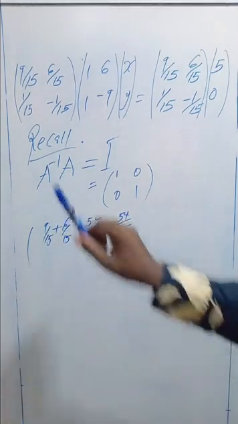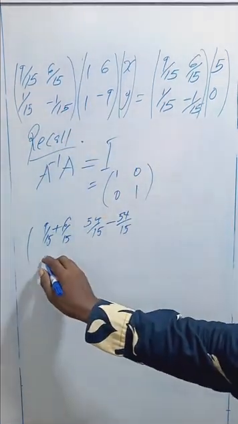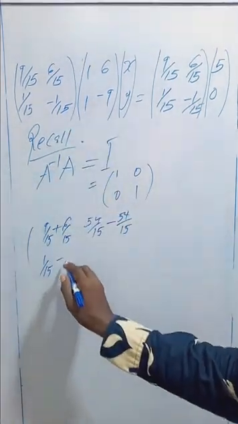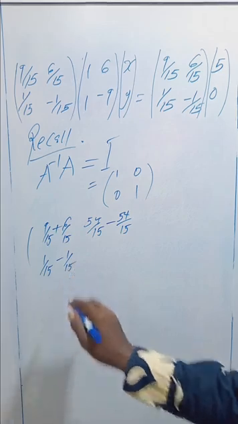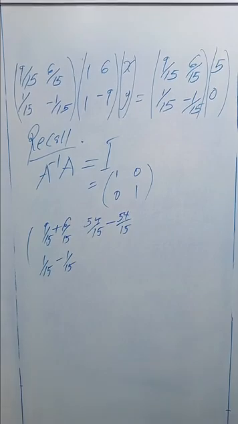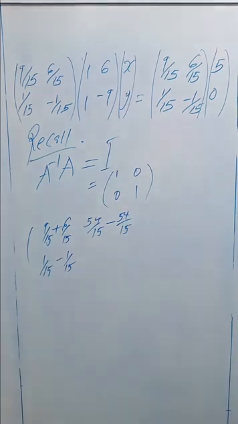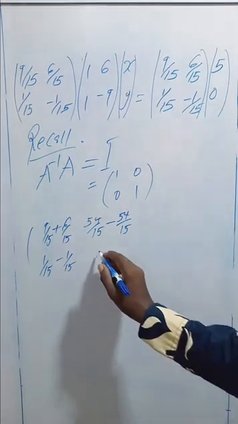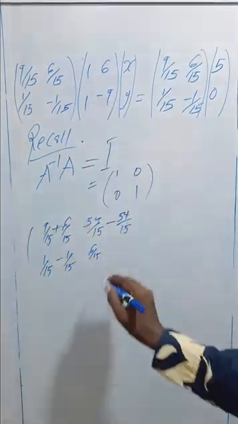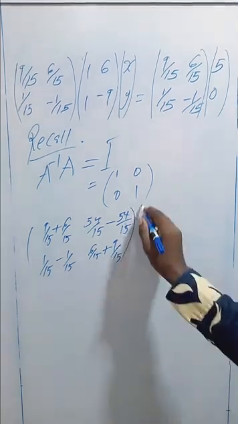Row times column: this times this is 1 over 15, and this times that one, minus 1 over 15. What about here? This one times this, we get 6 over 15. Negative, negative, plus. This is 9 over 15.